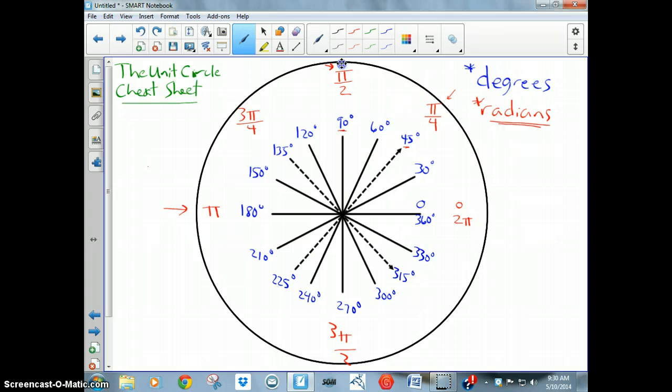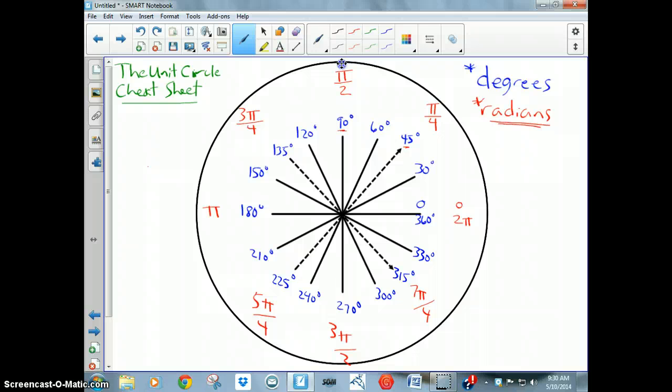Pi is 4 pi over 4. So the next dotted line must be 5 pi over 4. This one way at the bottom is 6 pi over 4, which will make this one 7 pi over 4. Very good. So now we have all our 45 degree angles in there.